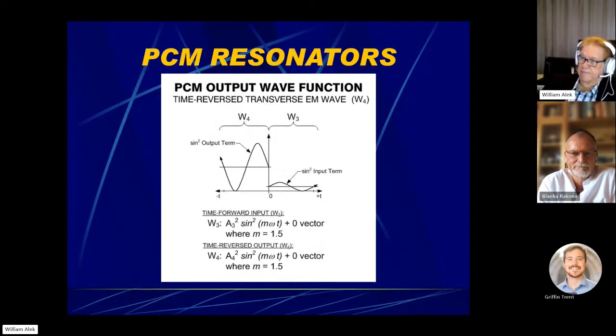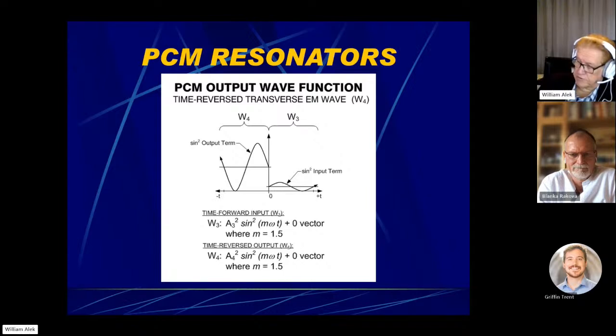Okay, the next slide. PCM resonators, the output wave function. This is what we see here. The input wave function, W3, is your sine squared, and that's your pump waves. Then they produce this magnified W4 term here, which is your output sine squared term.